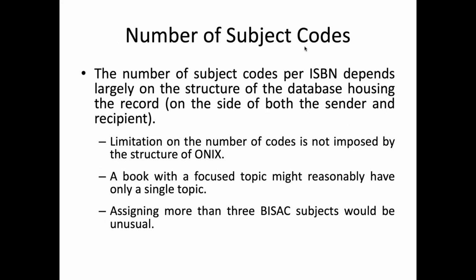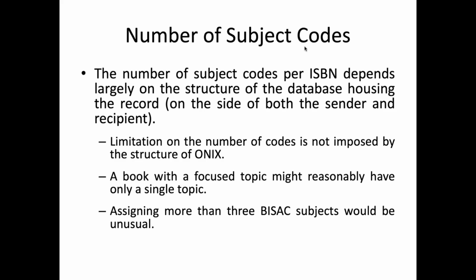The total number you can give really depends on the structure of your database and your data recipient's database. So the limitation of the codes is not imposed by Onyx. You can send in Onyx as many as you want.